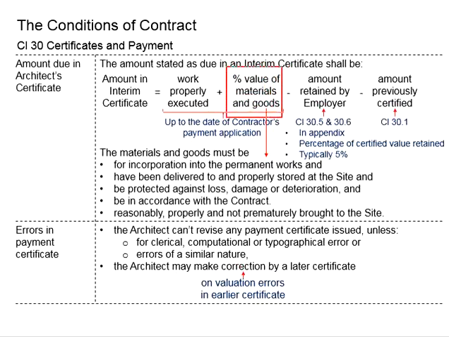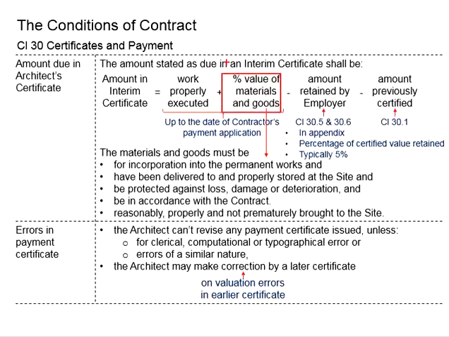The same goes for the materials and goods here. The cost of the materials and goods shall also be paid to the contractor, and then the portions to be given to the nominated supplier shall be paid by the contractor to the nominated supplier.